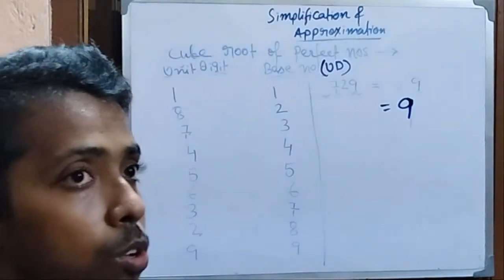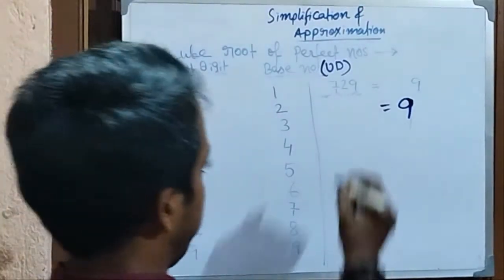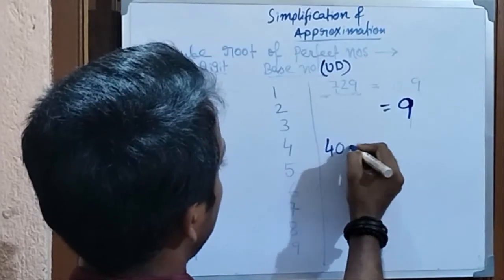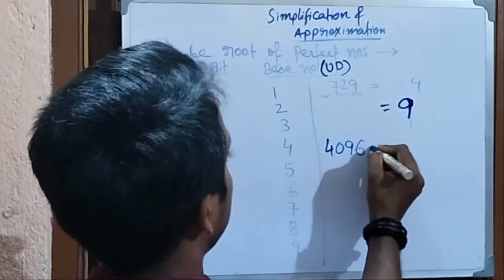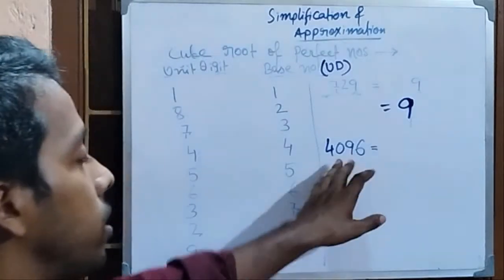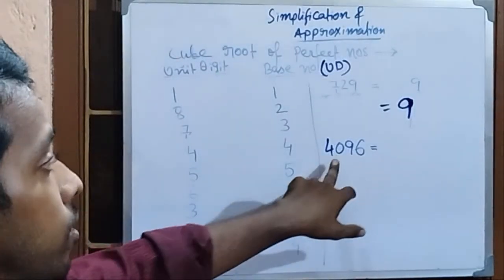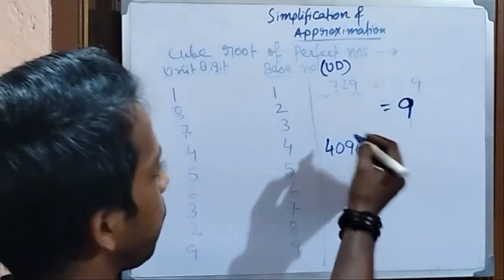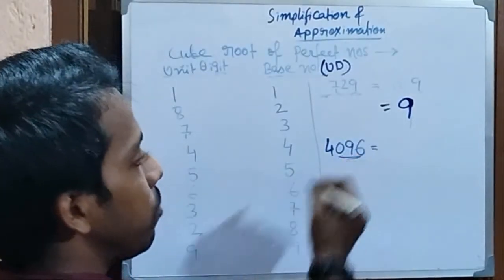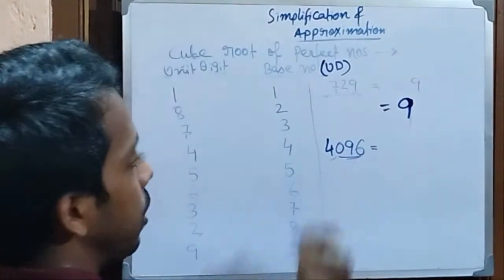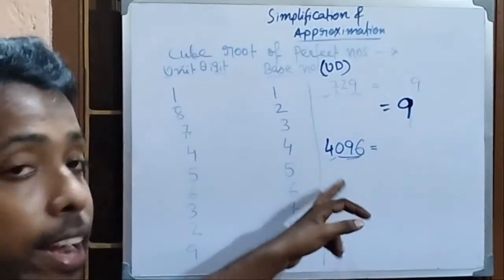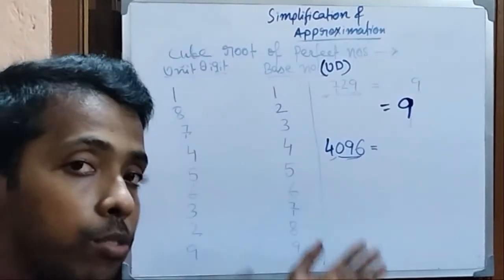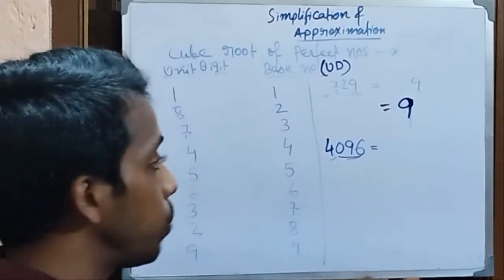Okay, moving to some more. 4096. Here it is a 4 digit number, so we take 3 digits at a time, and only 4 is left. 2 cubed gives 8. We will in no way go beyond the given number in finding the square root and cube root as well.